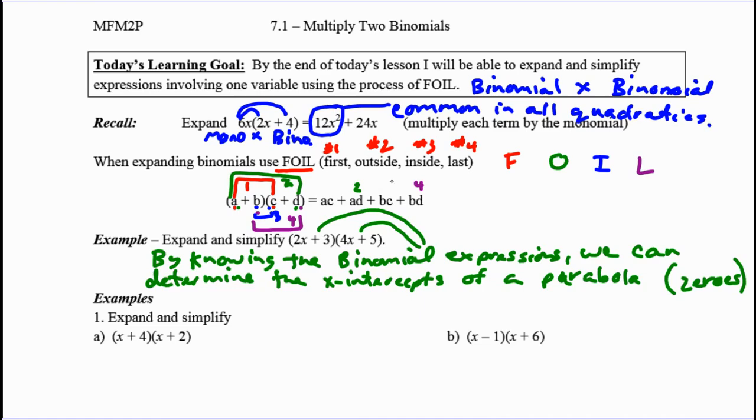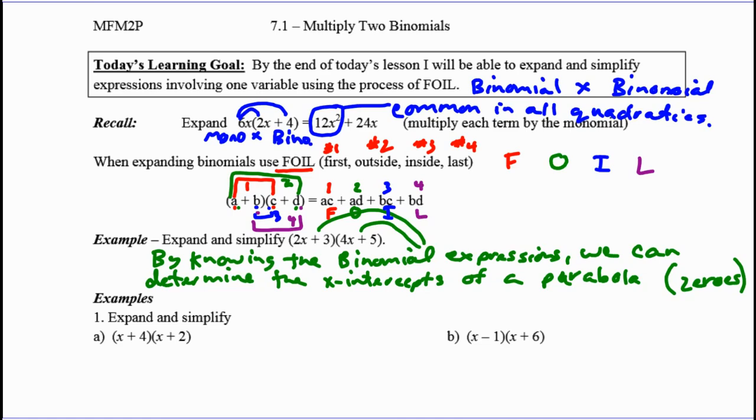So this is step 3, and this is step 1. Or we have F, O, I, and L.